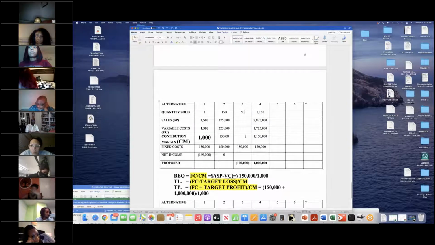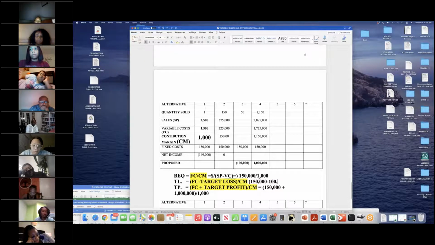Since it's a loss, you subtract instead of add. That's correct. So if it's a loss, it's going to be parentheses 150,000 minus the 100,000, divided by that same contribution margin.